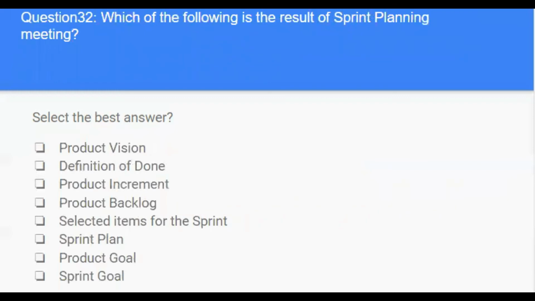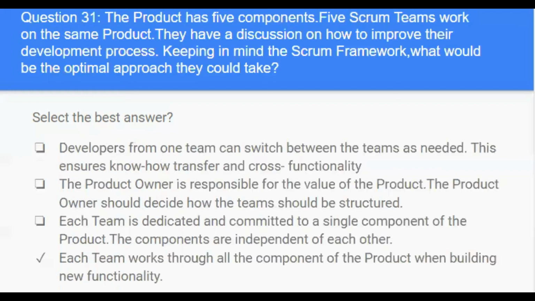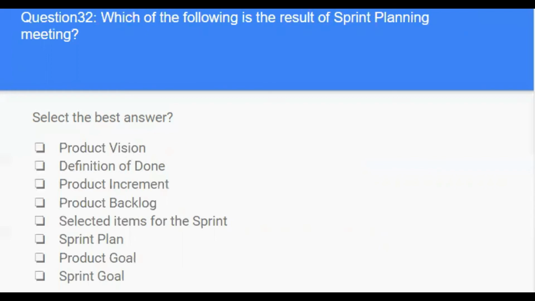Next question. Which of the following is the result of sprint planning meeting? Options. Product vision, definition of done, product increment, product backlog, selected items for the sprint, sprint plan, product goal, sprint goal.